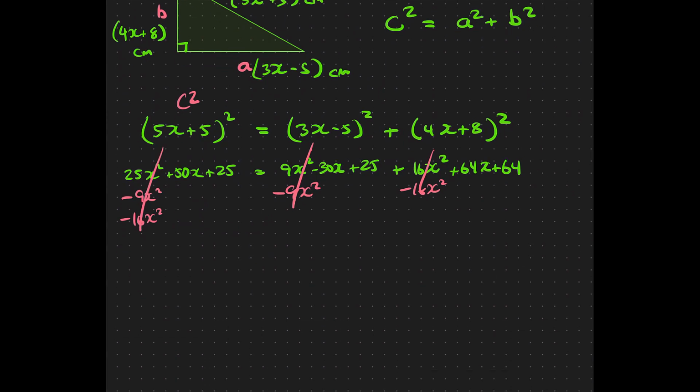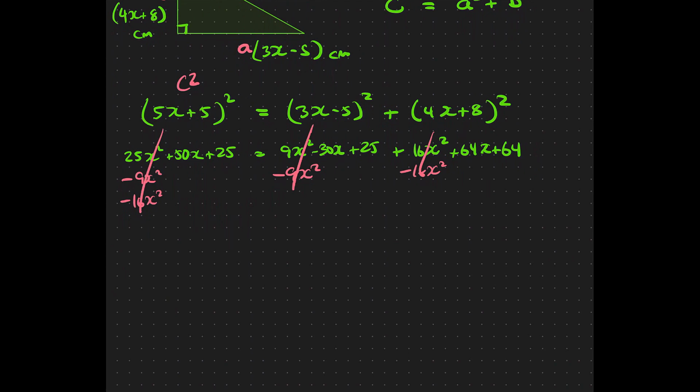So I can keep working within that long string right there, or I could simplify things and write it out for myself again. Equals negative 30x plus 25 plus 64x plus 64. Now remember what I said, we want anything that has an x with it on the left, anything without an x on the right, and then I'll just solve for the x. So what do I have?